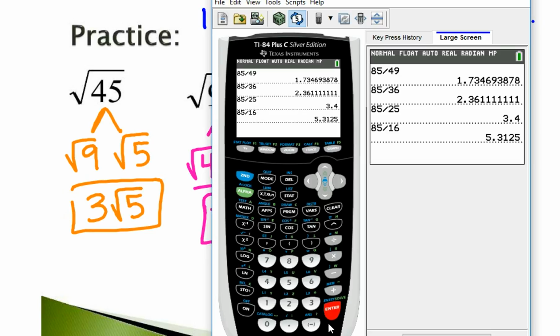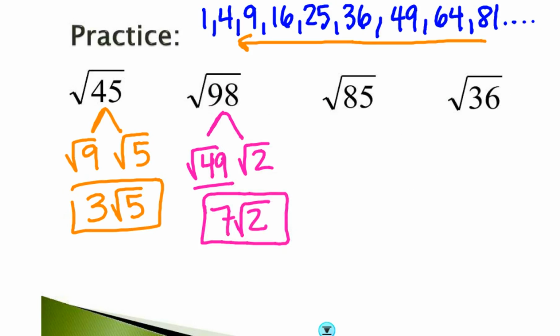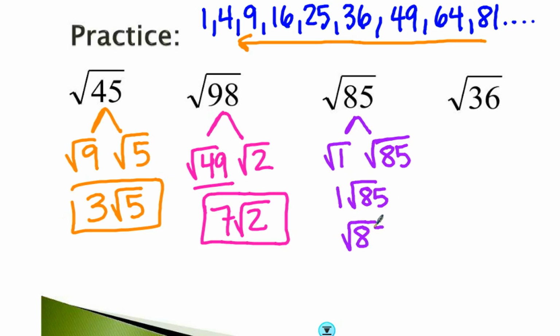Okay, and I can keep going on, but ultimately the only perfect square that's going to work is going to be 1. Whenever 1 is your only perfect square, that means that this is in its most reduced form. We know that the square root of 1 is 1. 1 times the square root of 85 is just square root of 85.